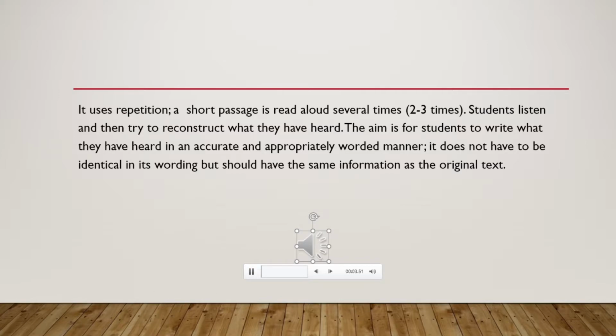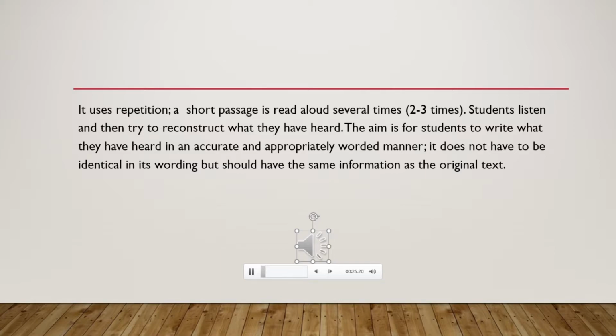Dictogloss is based on repetition and listening carefully to what is being read aloud. A short passage is read aloud about 2 to 3 times, and students listen, and then they try to reconstruct what they heard. And they try to be as accurate as possible.